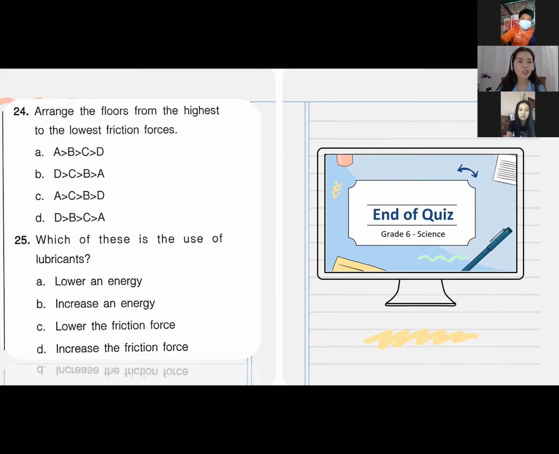Is it A, lower an energy? B, increase an energy? C, lower the friction force? Or D, increase the friction force? Why do we put lubricants on machines? A, B, C, or D? Is it to lower or to increase friction?